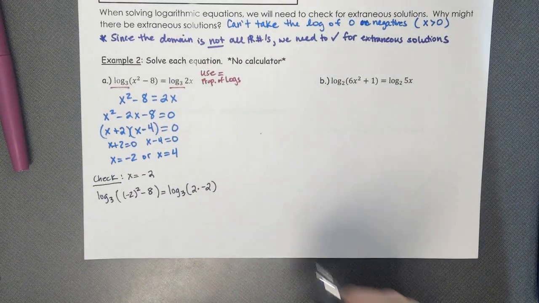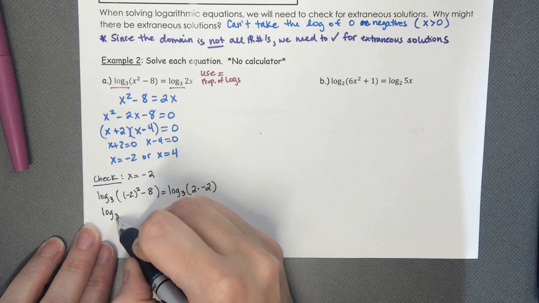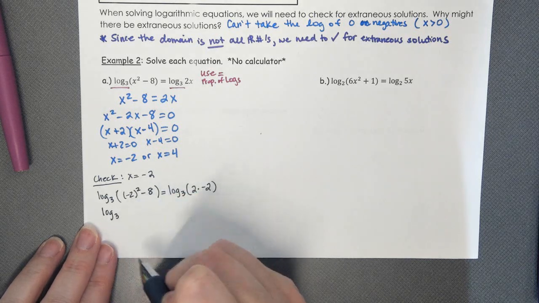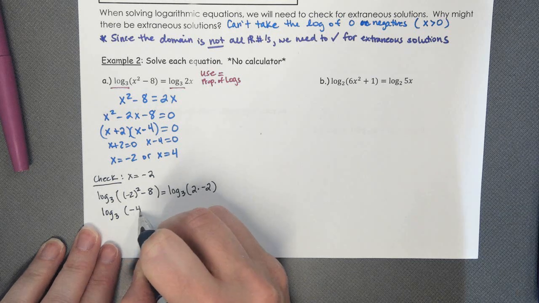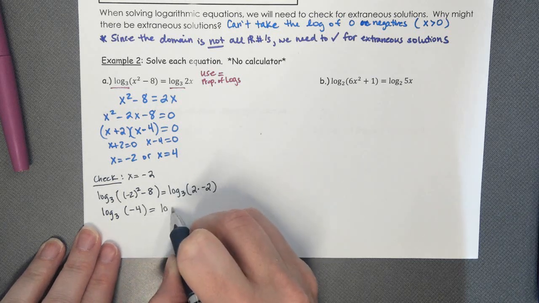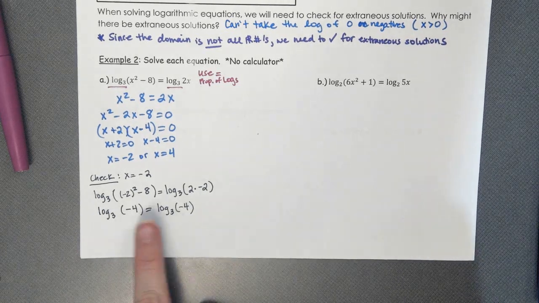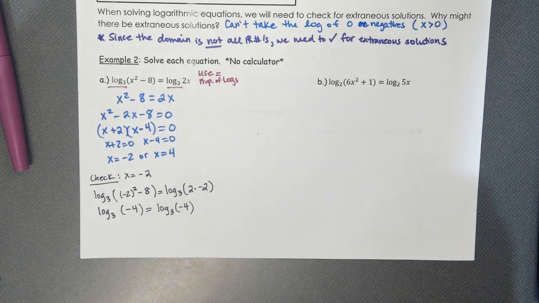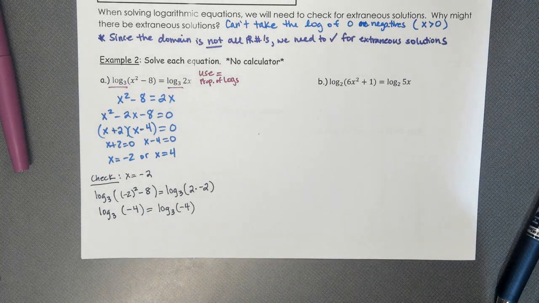Okay, so then when you are simplifying, we have log base 3 of negative 2 squared, which is 4. 4 minus 8 is negative 4. On this side, you also have negative 4. So be careful. This is the same on both sides. That is true. But can I take a log of a negative?